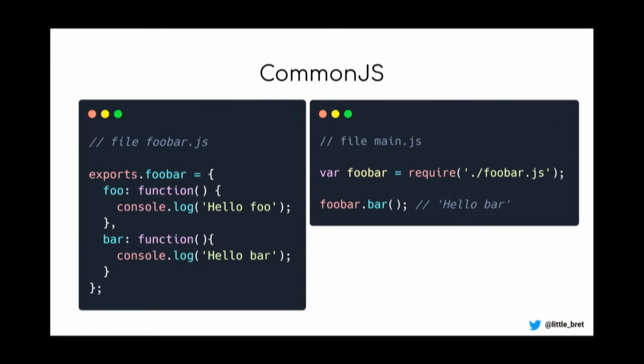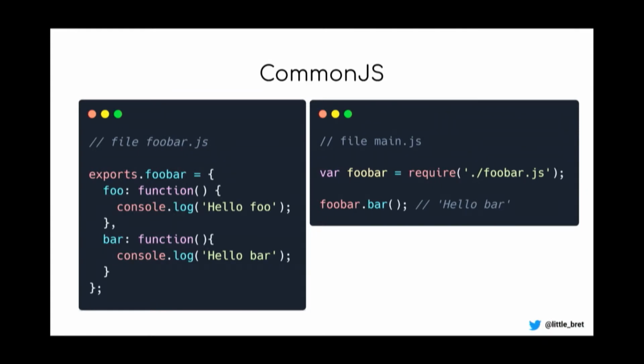So when I say you can only export one thing, exports.foobar right here. Whenever I require this file, I'm getting everything that that file is exporting, whether I want to or not. It becomes very difficult for you to dead code remove or tree shake based upon CommonJS, because I can reflectively look at properties on foobar dynamically.